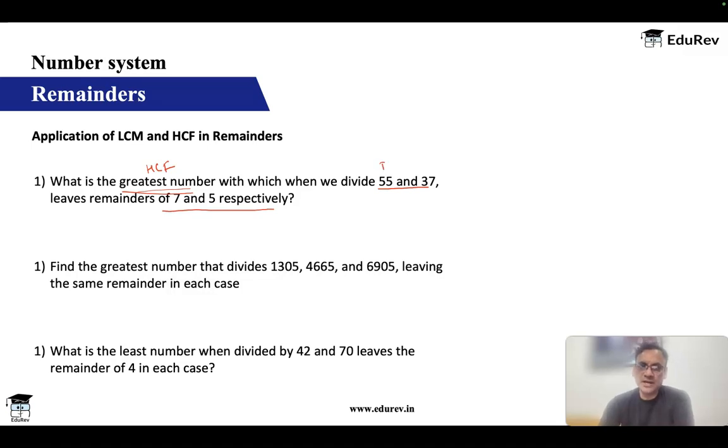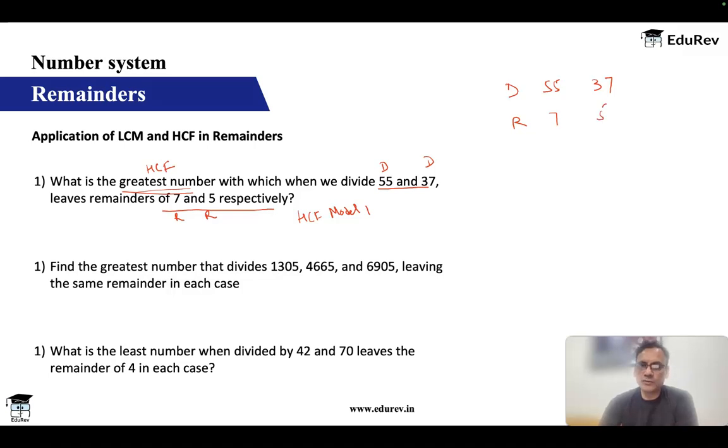So these are your dividends, and these are your remainders. You can see that in the HCF model, we know the dividend, we know the remainder. So this is nothing but HCF model 1. You know the dividend, which is 55 and 37, and the remainder, which is 7 and 5.